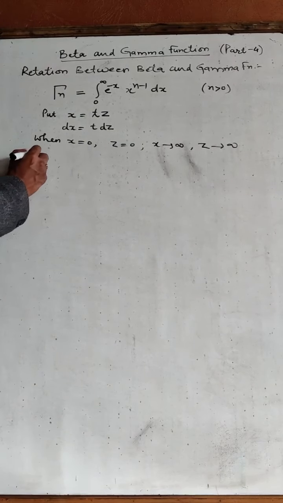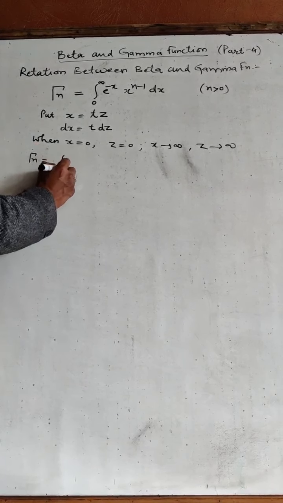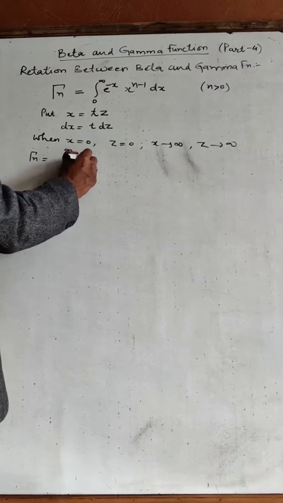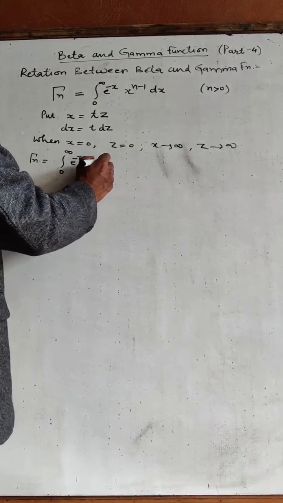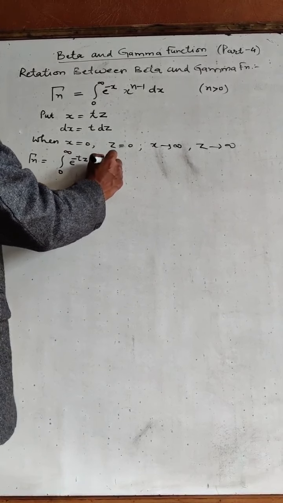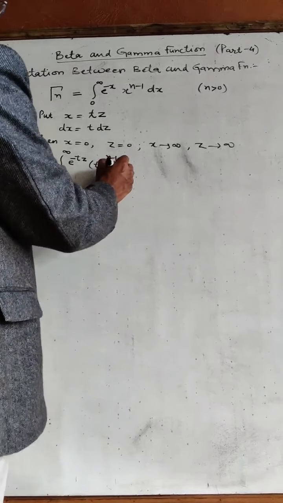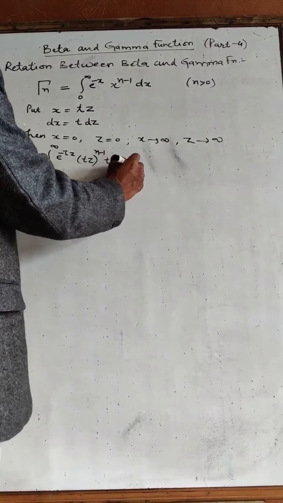So gamma of n would be equal to the integral from 0 to infinity of e raised to the power minus t z. x will be replaced by t z raised to the power n minus 1, then dx would be t dz.